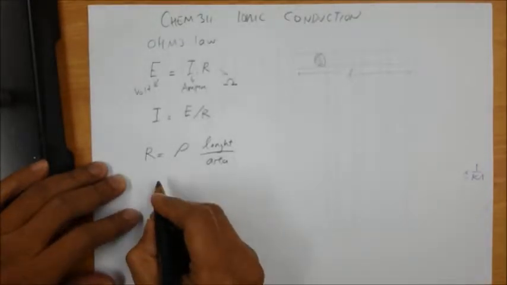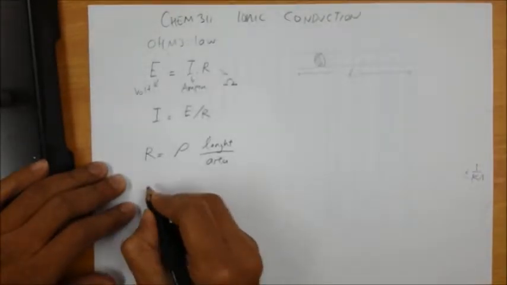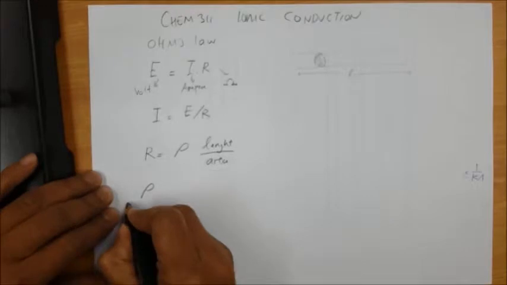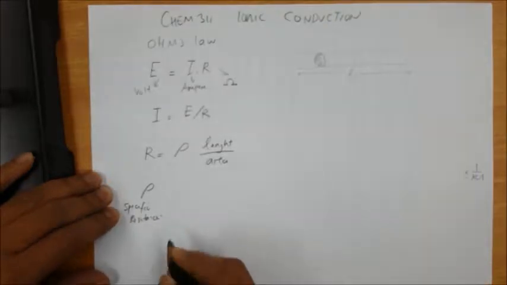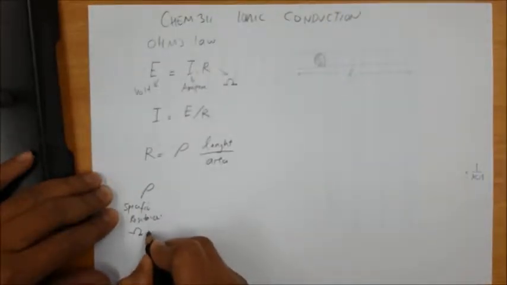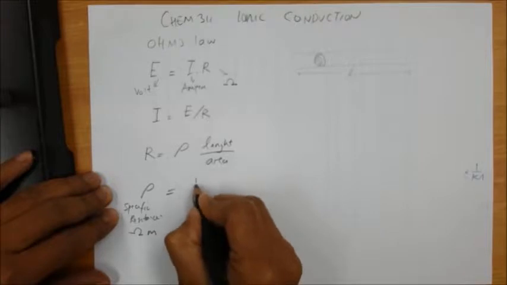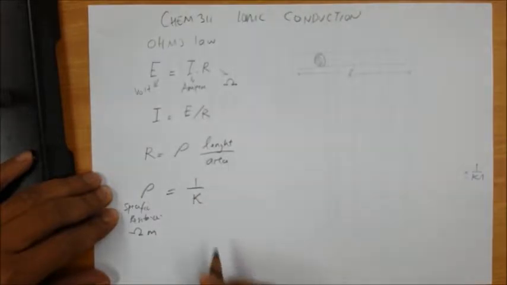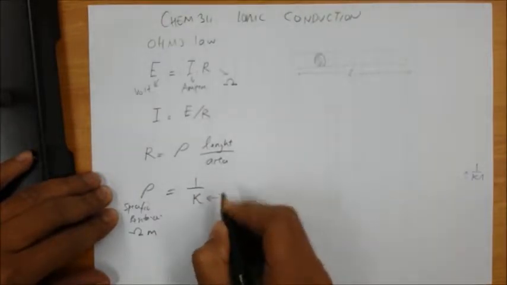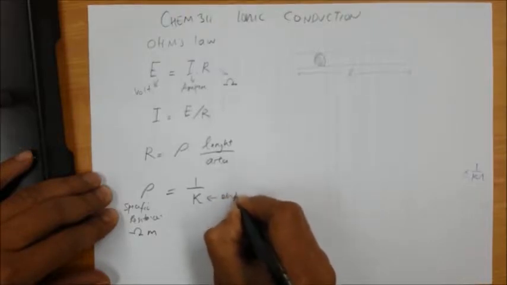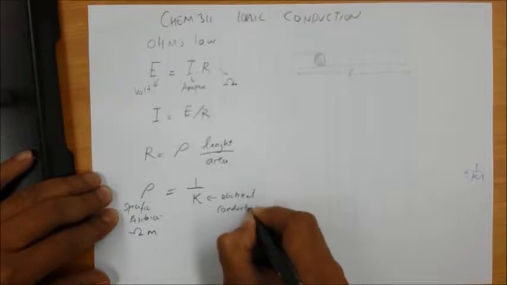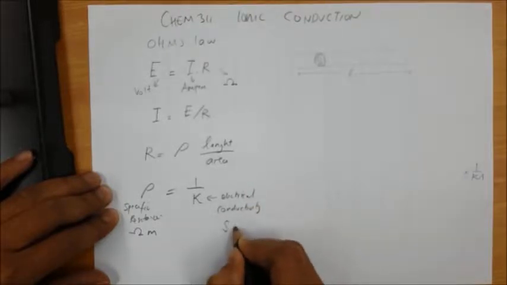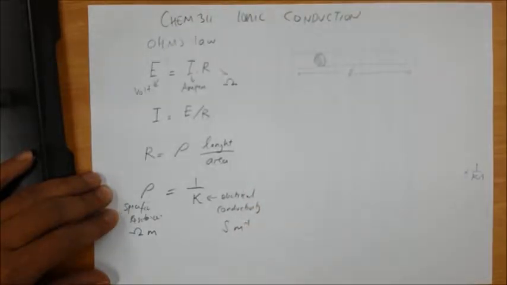Okay. Now the specific resistance, with the unit of ohm meter, is equal to 1 over kappa, and this kappa is the electrical conductivity with a unit of Siemens per meter.